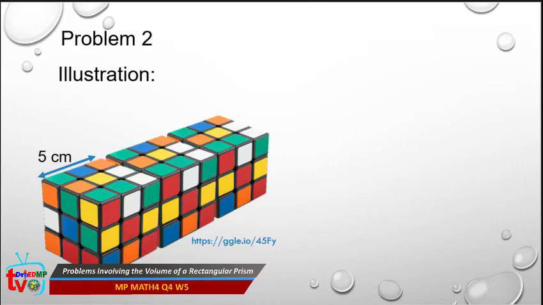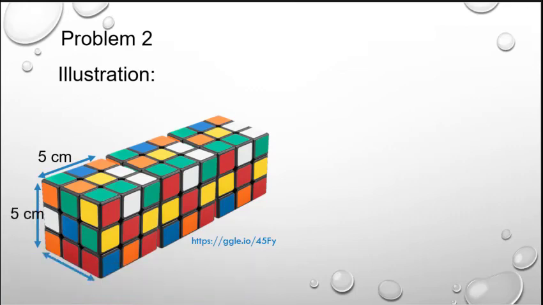In this illustration, only one side of the Rubik's Cube is given. Why is that? That is because all sides of the Rubik's Cube are equal. So if one side is 5 centimeters, that means all sides also measure 5 centimeters.